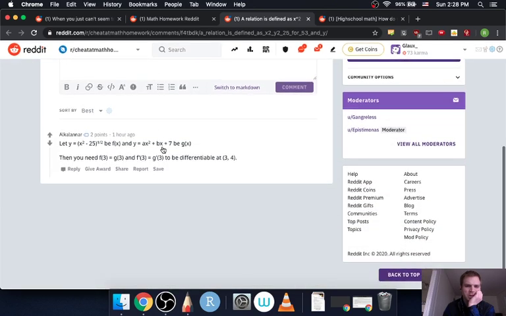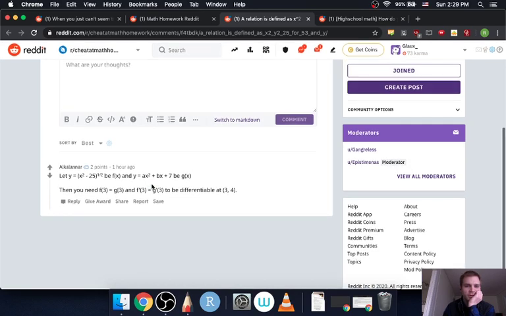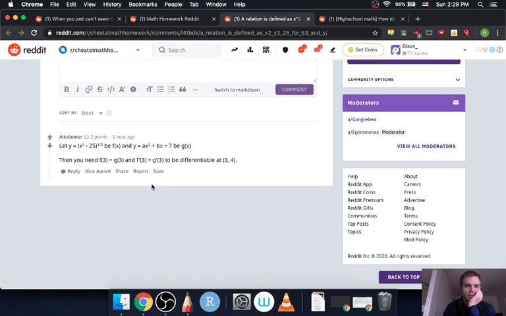I think they must mean continuous. Oh, I see. Yeah, that makes sense. So you need f of 3 equal to g of 3, and you need f prime of 3 equal to g prime of 3 to be differentiable at 3, 4.